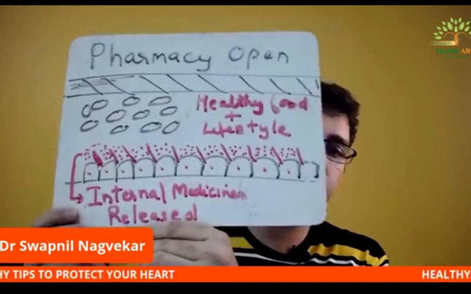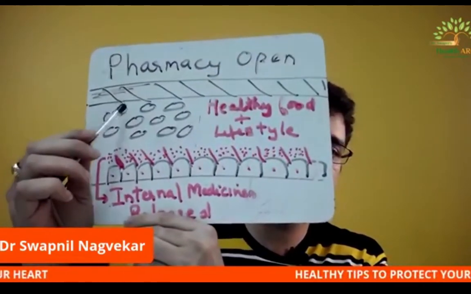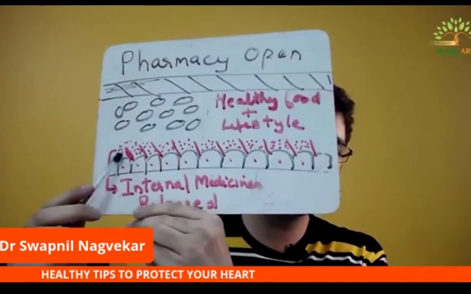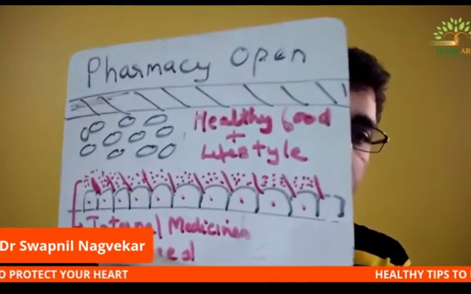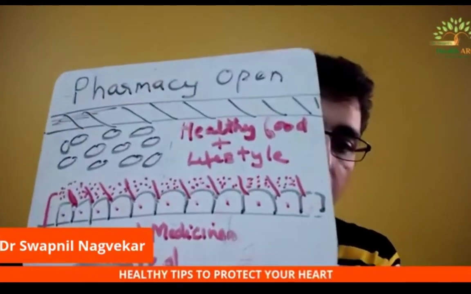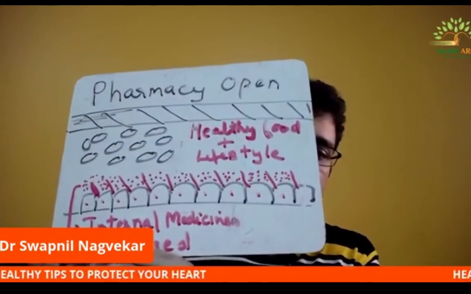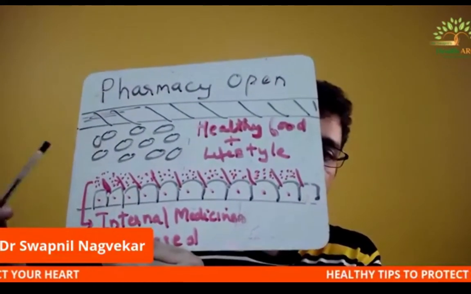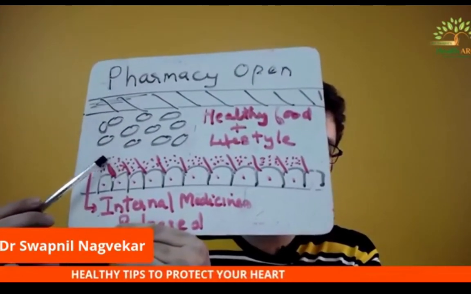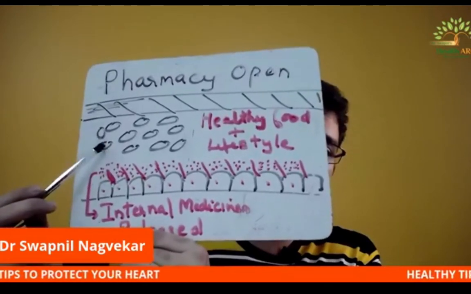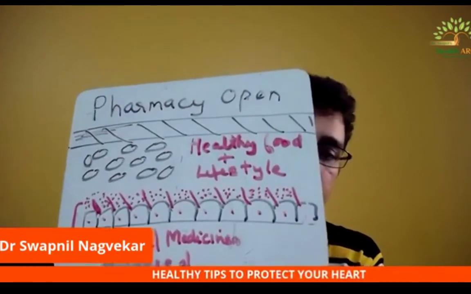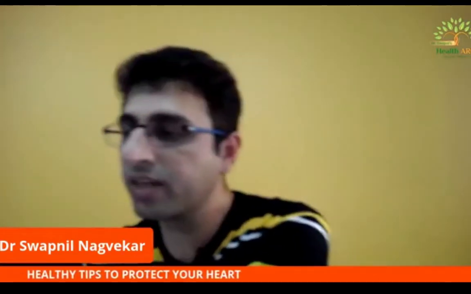When you have healthy food and a healthy lifestyle, these blood vessels are free flowing, and the endothelium releases a factor called nitric oxide. Nitric oxide is a vasodilator which helps in controlling your BP, and it also improves the circulation of the blood vessels. So if you have healthy food and a healthy lifestyle, these factors will be released from the endothelium, which helps in preventing clotting of the blood vessels. It means your vessels are your own internal pharmacy, so you have to maintain your vessels in a proper state.